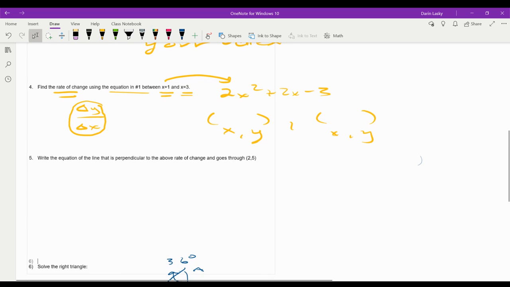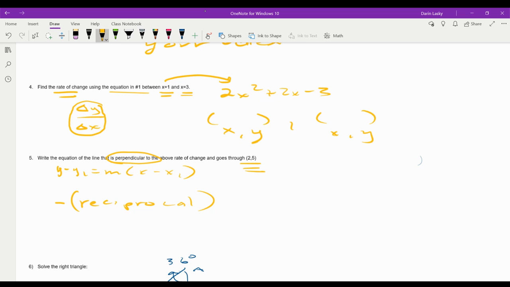Write the equation of the line. Don't forget the equation is y minus y1 equals slope times x minus x1. So they give us a point. They need the perpendicular rate of change. Don't forget perpendicular is the negative reciprocal.